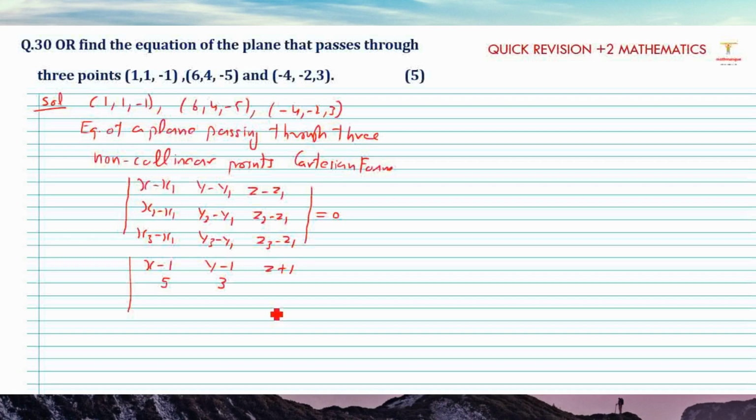Likewise x3 minus x1: minus 4 minus 1 is minus 5, then minus 2 minus 1 is minus 3, then 3 minus 1, you get 4, children, right? Equal to 0.